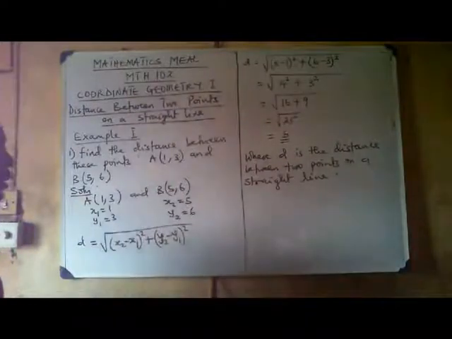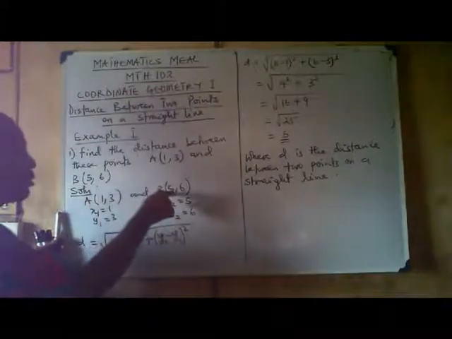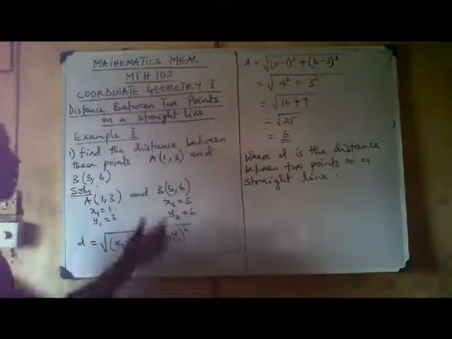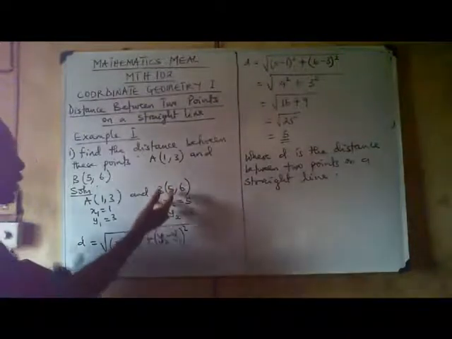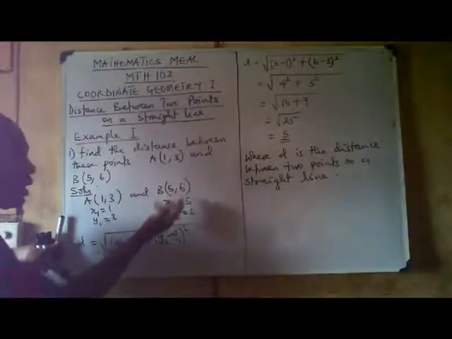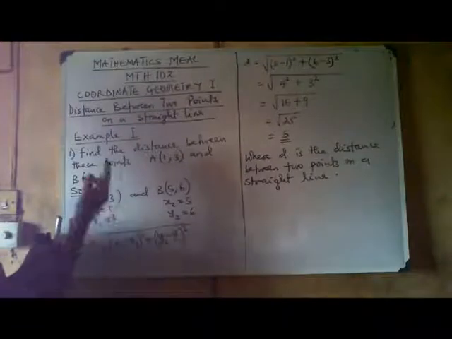Some people may pick x1 here and go here and say that this will be y1. No, x1 and y1 will be together, the same thing with x2 and y2. So if I decide to call this x1, definitely this becomes y1. And if I decide to call this x2, definitely this becomes y2.